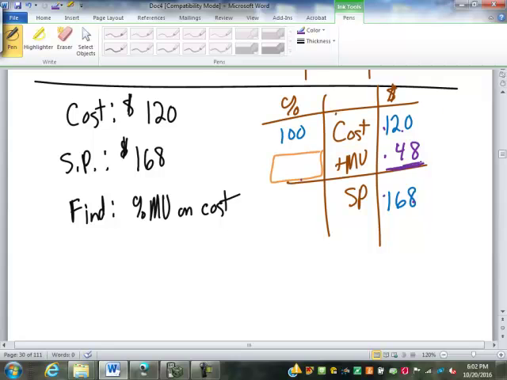So now we have that number here. If this is what we're looking for, we always have to have the number on the other side. We have both numbers for the cost, so I don't need the selling price in this one. So cross multiply and divide. 100 times 48 divided by 120 gives us 40%.